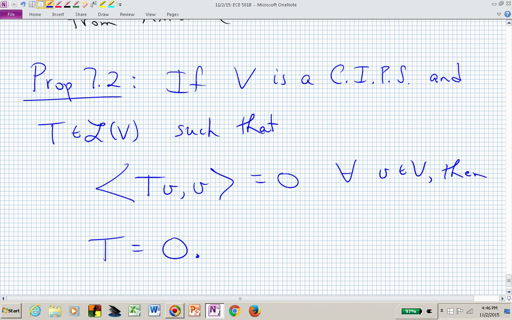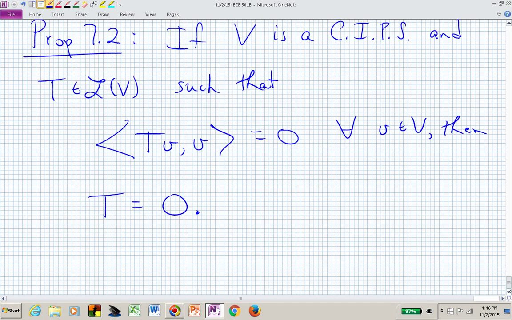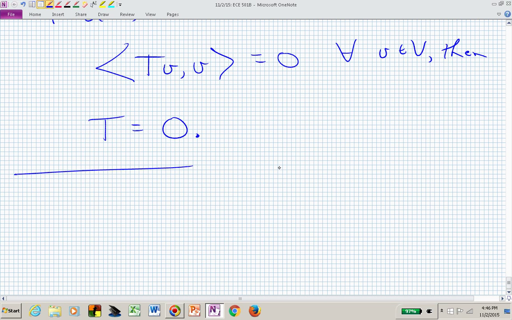So that's proposition 7.2. If V is a complex inner product space and T is a linear operator, and for all V in the vector space, the inner product of TV with V is 0, then we can say that that linear operator is in fact the 0 operator. Corollary 7.3.